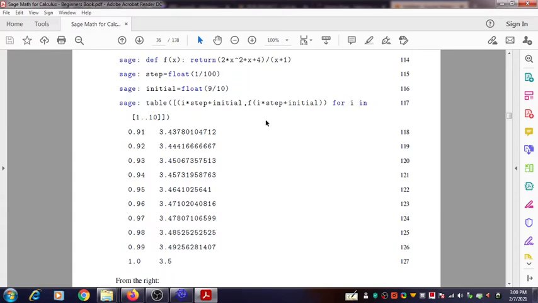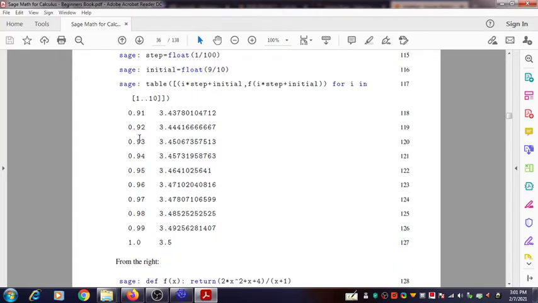Thus we have considered i equal to 1 and i equal to 2, and now we are going to consider i equal to 3. After increasing i to 3, the control comes to the first part of the command, and that value is evaluated. We will get 0.93, a new value of x.